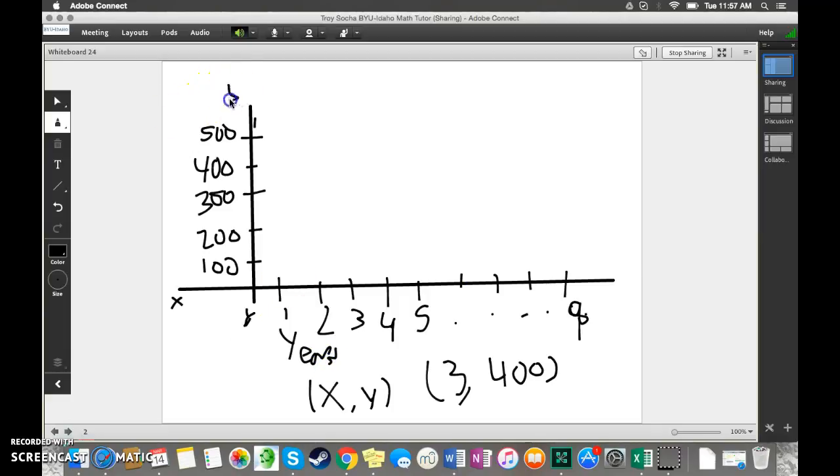And this one dollars. And that's a small amount of dollars, but we'll just call it dollars for now. So in year 3 we made 400. Let's say in year 2 we made 250. In year 1 we made 500. Year 4 we made 100. In year 5 we only made 50.